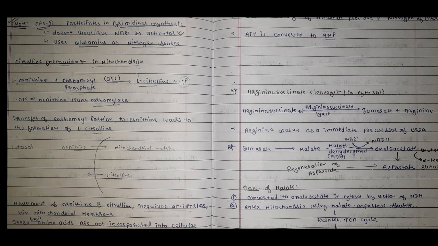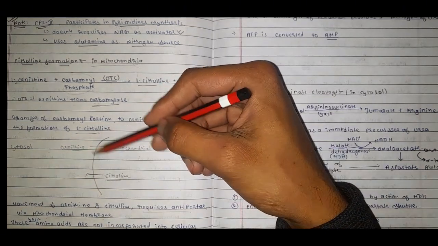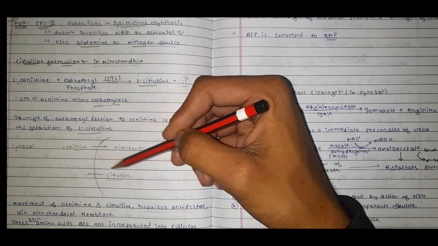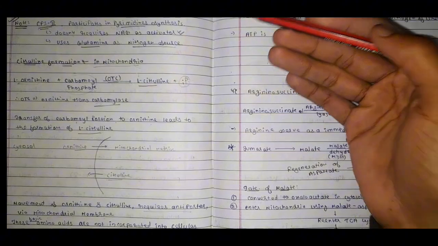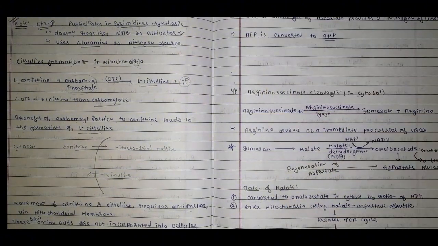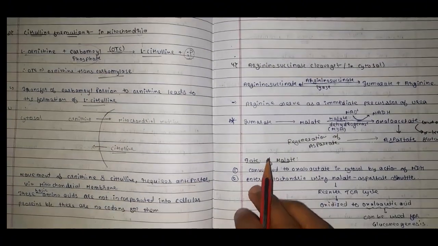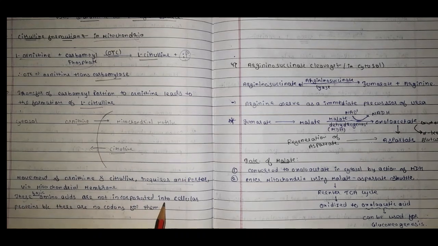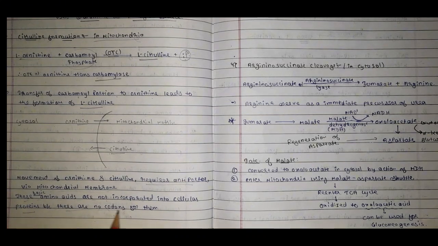And also a special point about these two amino acids, that both are basic amino acids and there are no codons for these amino acids to get incorporated into cellular proteins.